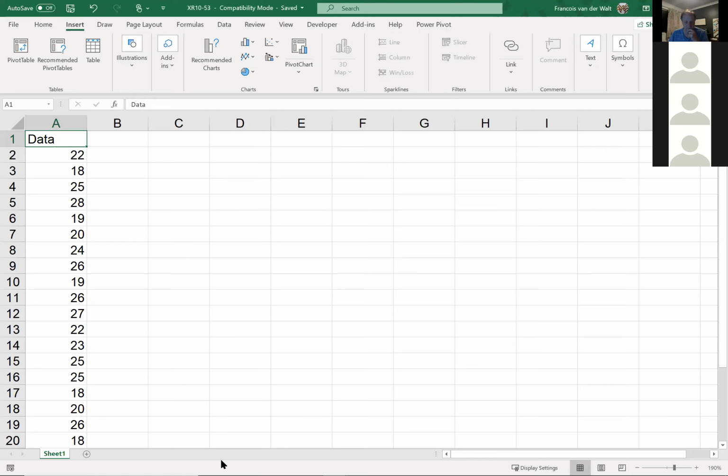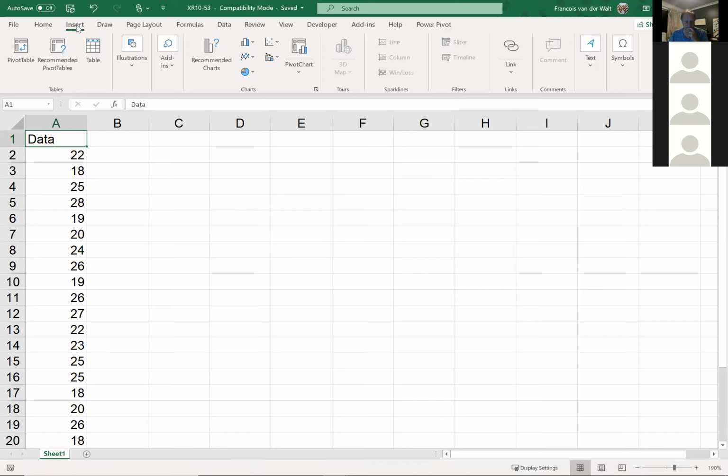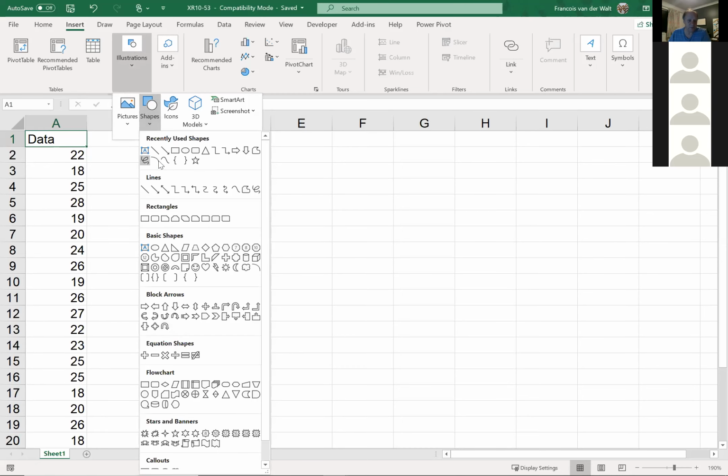Have I shared my screen? You can see my screen? What I want to say is it's always good to draw on a piece of paper or somewhere your normal distribution and just check what you say.